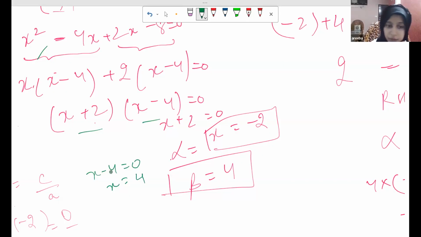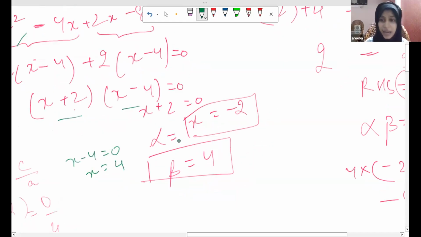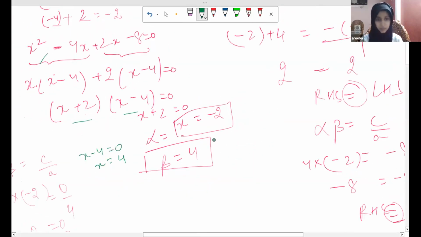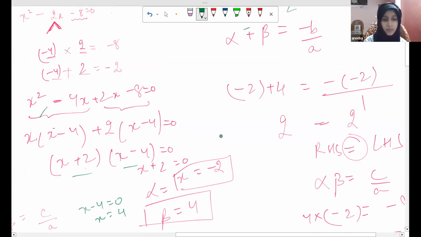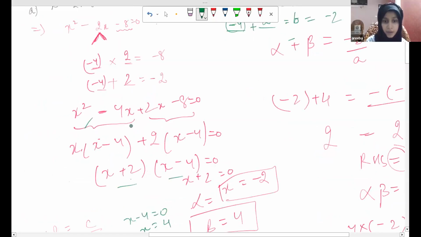Minus 4 will go to the other side of the equal sign and become plus 4. So that's how we have calculated alpha and beta. Yes, write this. Okay.